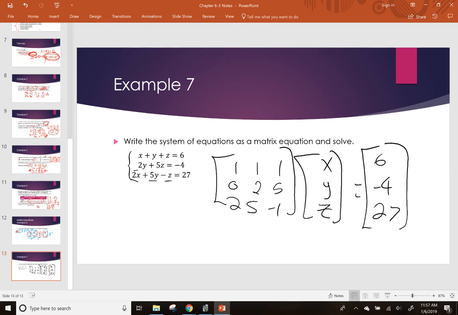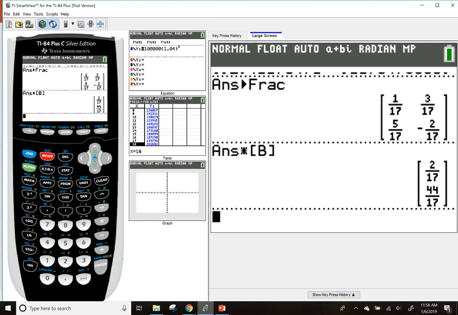So again, let's do this real quick. It shouldn't take too long. This will be matrix A right here. But again, I need to figure out what the inverse of that is and multiply that with this solution set. So let's type it all in the calculator. Let's go back to our matrix.